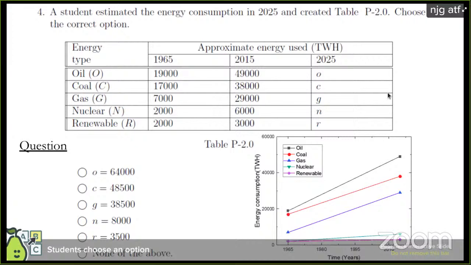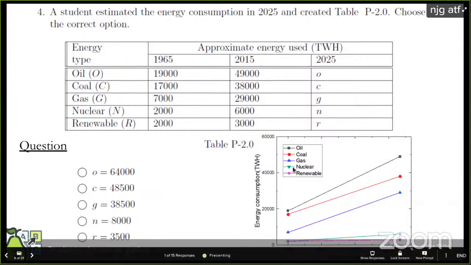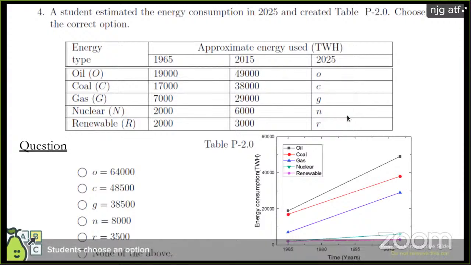He has drawn the oil graph, the coal graph, gas, nuclear, renewable, so five straight lines. You just have to find the values of O, C, G, and R, check which option is correct and choose it. This is multiple choice correct, so only one is right. Take some 5 minutes for a little bit of calculation.